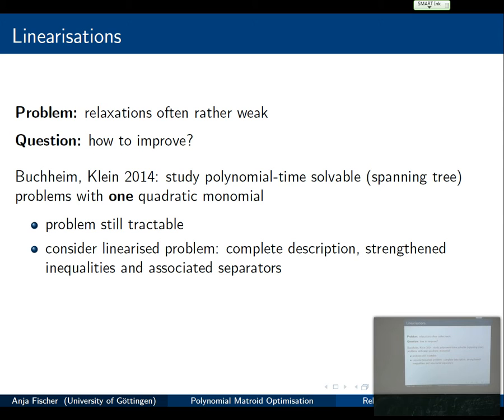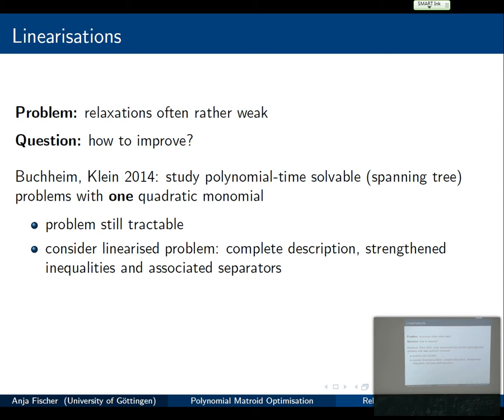And Buchheim and Klein suggested to maybe start with some polytime solvable problem that is well understood and add one quadratic monomial. The advantage of this is that the problem is still tractable, and then we can try to understand this polytope.